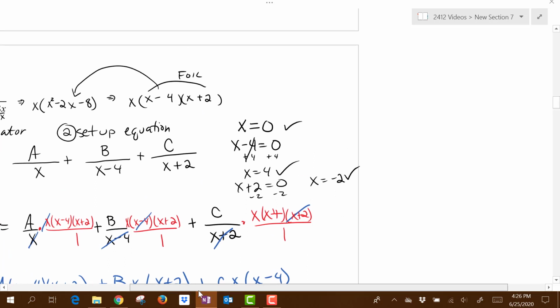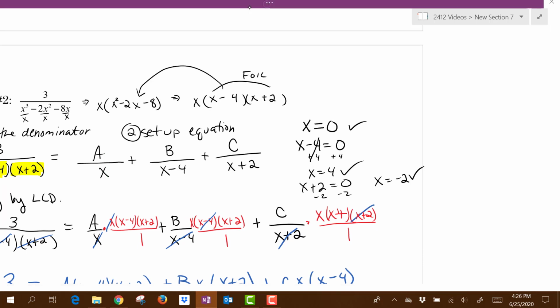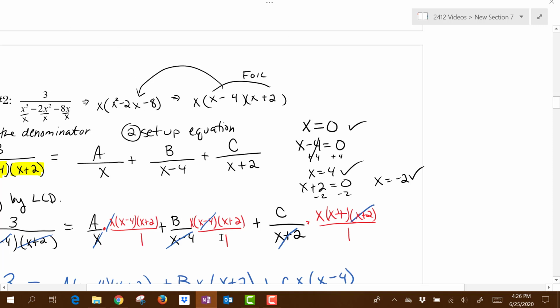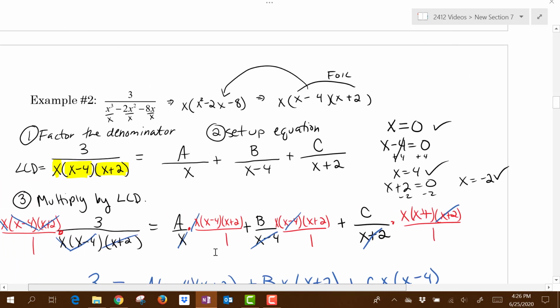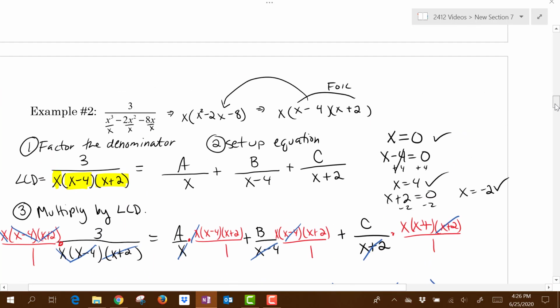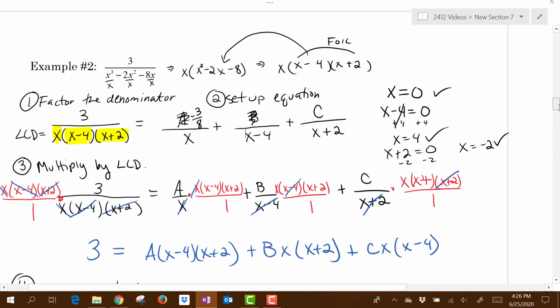Okay, so let's go back to our partial fractions. We had a over x. So our a value was -3/8. So when I come back up here, in place of a, I would have -3/8. All right, and our b value was 1 over 8.